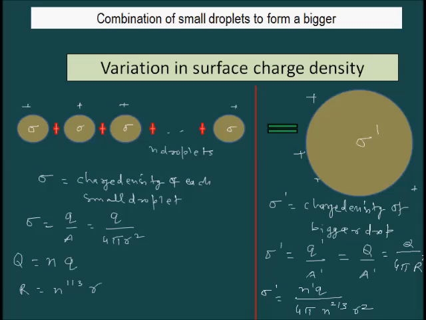Here n to the power 1 minus 2 by 3 will become n to the power 1 by 3 into Q upon 4 pi r square, which is the charge density of each small drop. In this way we can conclude that the new charge density of the bigger drop is n to the power 1 by 3 times the charge density of each small droplet.